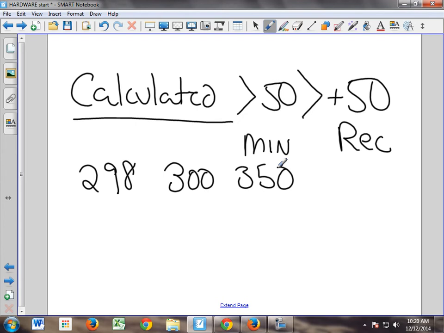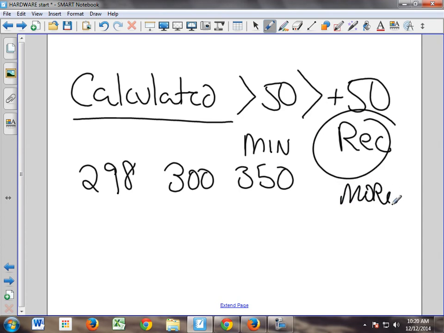If I tell you the calculated, I'm trying to shorten up the problem for you. I tell you the calculated, and then I ask you, go to this website, does this power supply meet my purchase requirements? Yes. That means recommended. If I'm going to purchase it, I want it to have that or more.